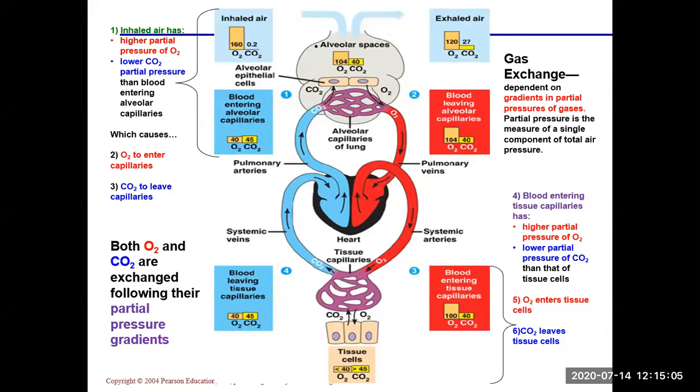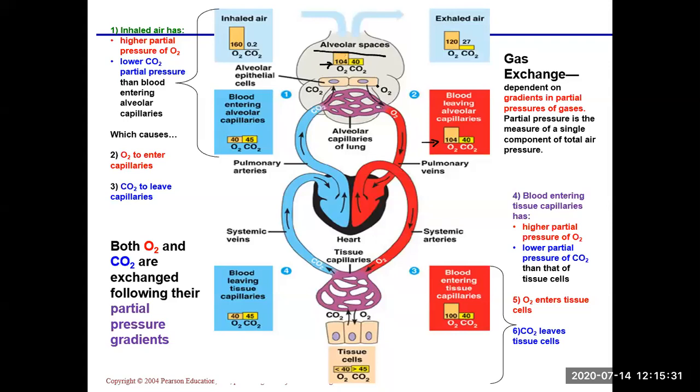All right, so here's the alveolar. You can see the oxygen, it's 104 in this case, all right? And the reason is when you're exhaling, the gas exchange, so you could see the partial pressure. So oxygen is 104, okay?